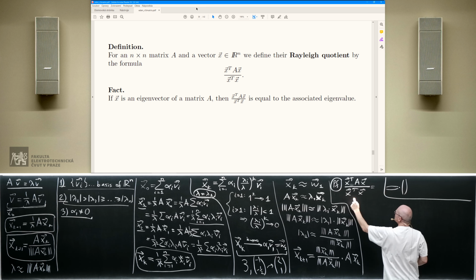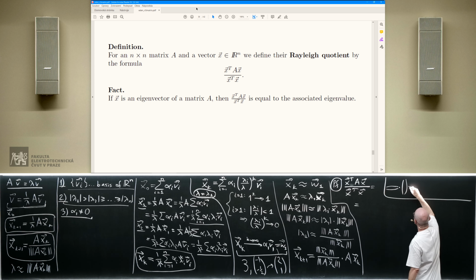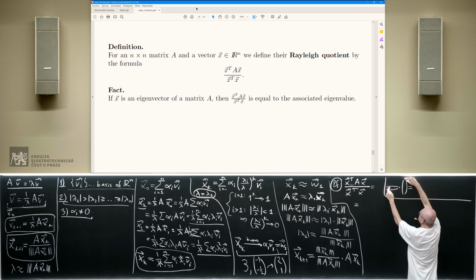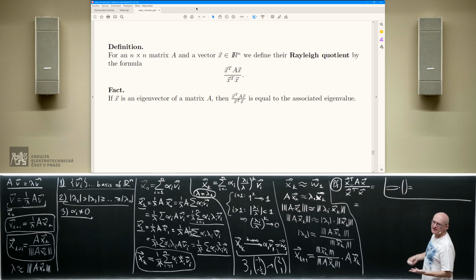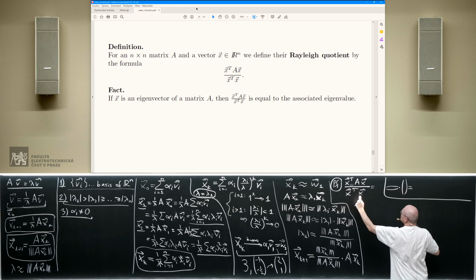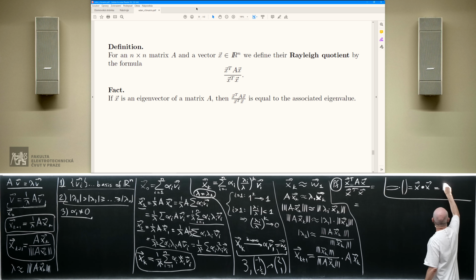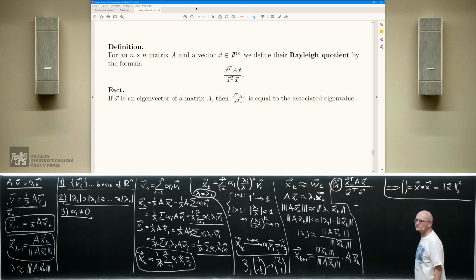So the denominator is a number. What number? Well, you are multiplying the first coordinates, plus you are multiplying the second coordinates, third, and so on. That's the dot product, or the inner product. So in our case, this is the x vector dot product x vector. And this, in turn, is actually equal to the Euclidean norm of the vector x squared.